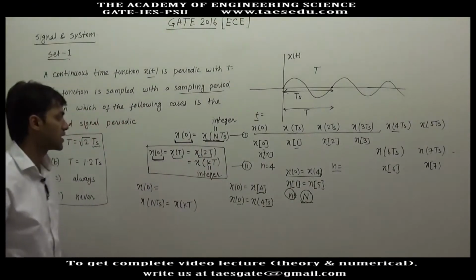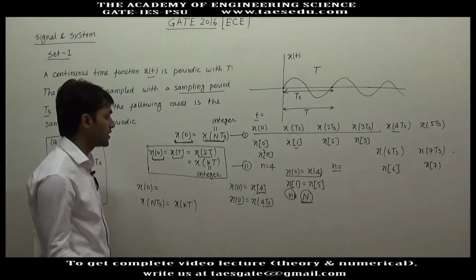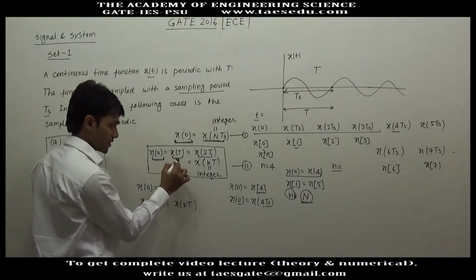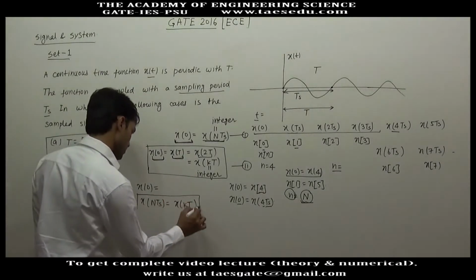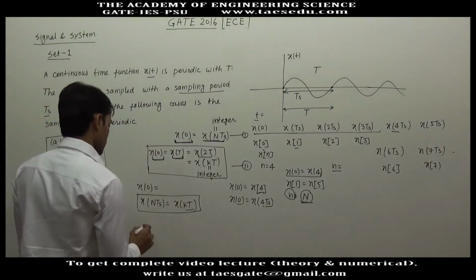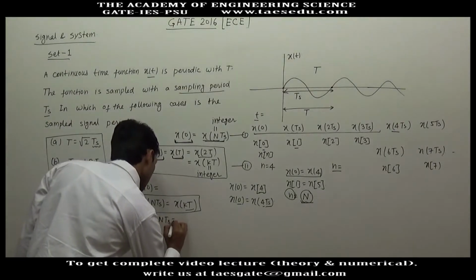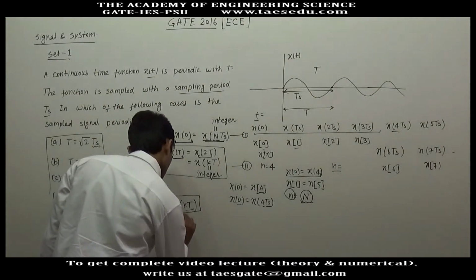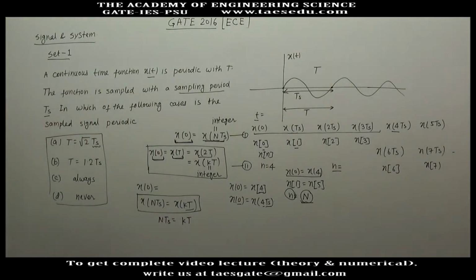It is not necessary that the sampled signal will be periodic with the same period as the continuous time signal. So in general x(N Ts) has to be equal to x(kT). From this equation we can write N Ts has to be equal to kT for any integers N and k.